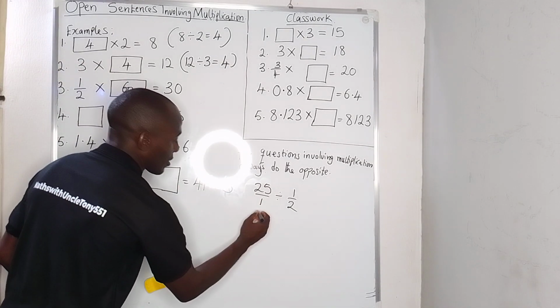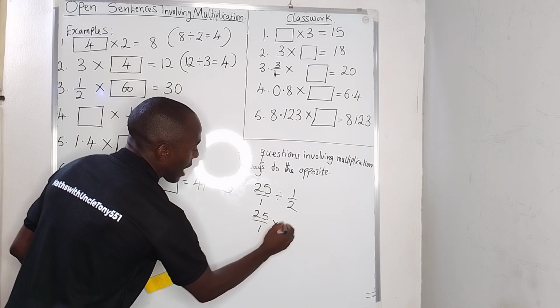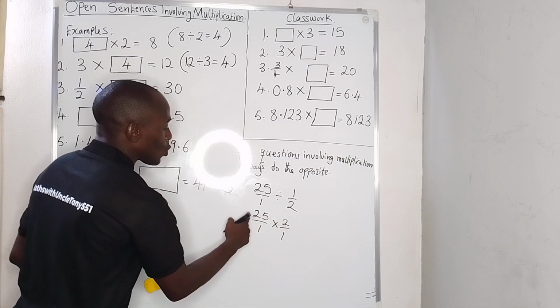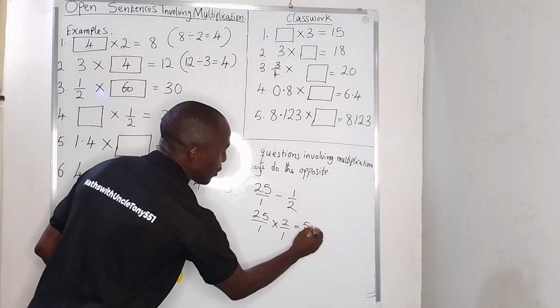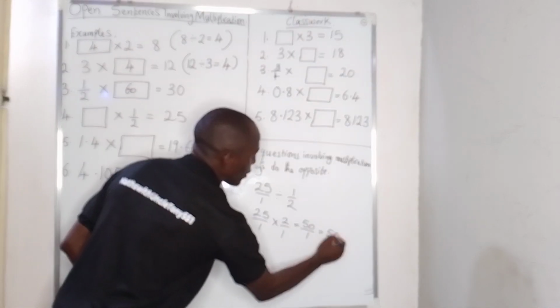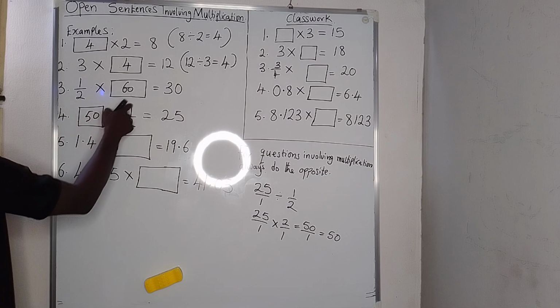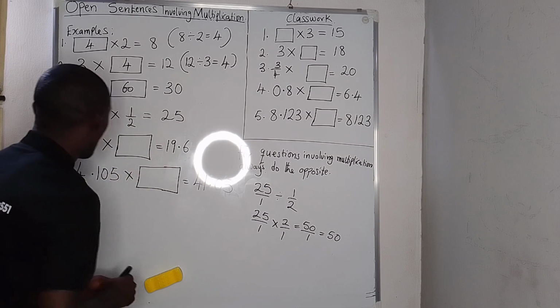Write the first fraction first. 25 over 1 multiplied by 2 over 1. 25 times 2 gives us 50. 1 times 1 will give us 1. 50 divided by 1 is 50. So we have 50 here. So 50 times 1 over 2 will give us 25.